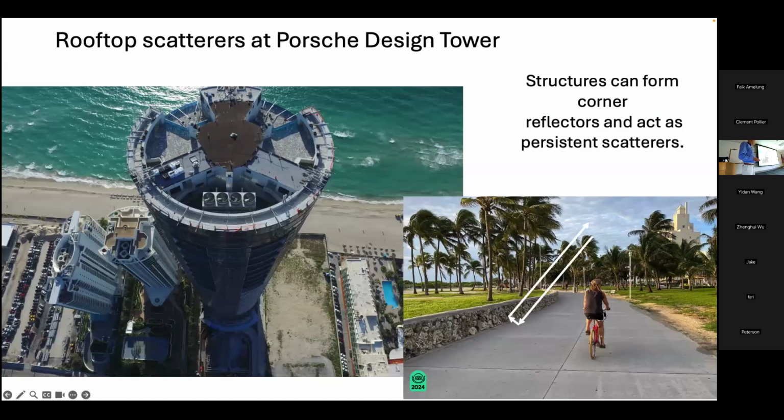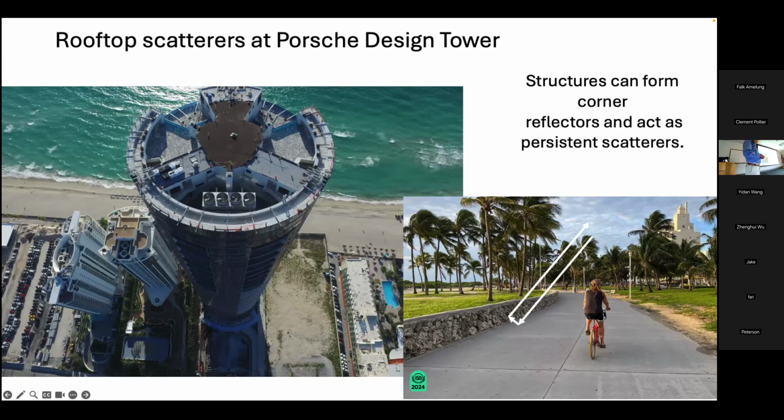So how do we get our measurements? They're persistent scatterers. This is an example, the Porsche Design Tower. There are these structures on the roof. The radar signal comes from the satellite, hits against them, and is scattered back, if some of those structures are optimally oriented to the satellite.